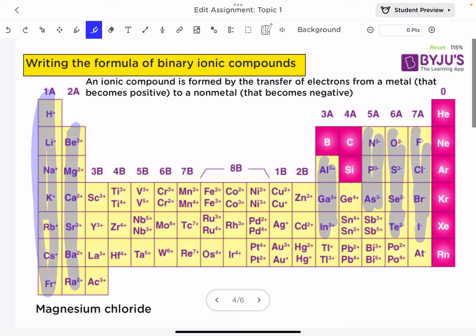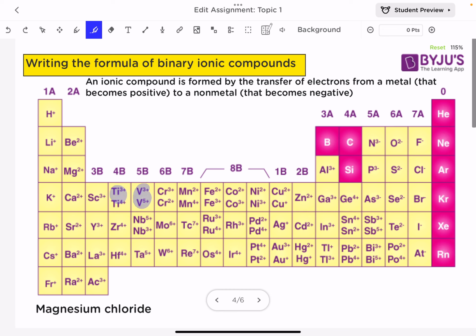However, there are some elements that might have more than one oxidation number or more than one charge. I will be talking about these examples in a next video.